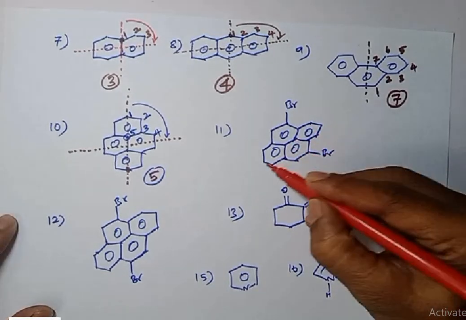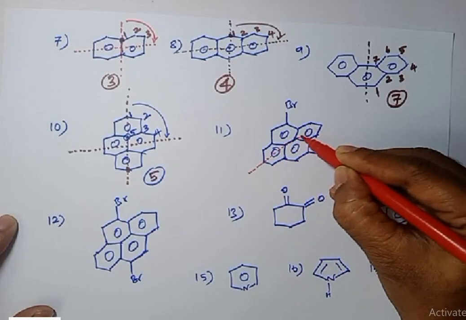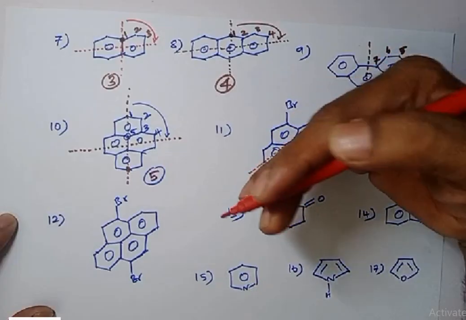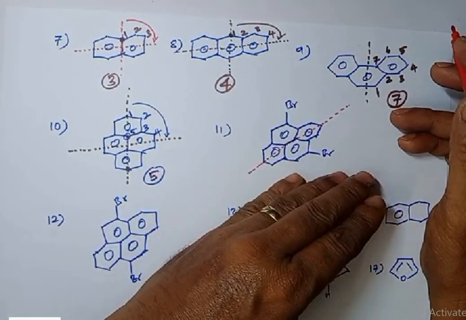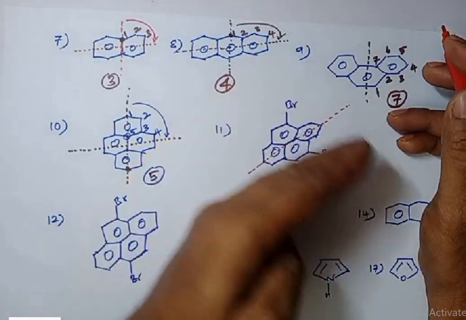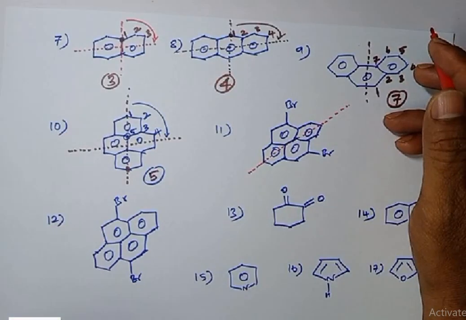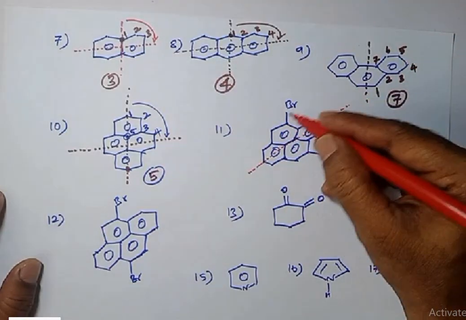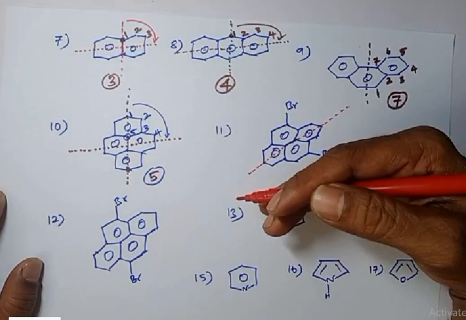In this molecule, you can keep a plane passing through this carbon, the middle 2 carbons and this carbon, so that the left-hand side part and this part look alike. So we have divided the molecule into 2 equal halves, and there is no other plane here. So I am going to count the number of carbon atoms from any one side.